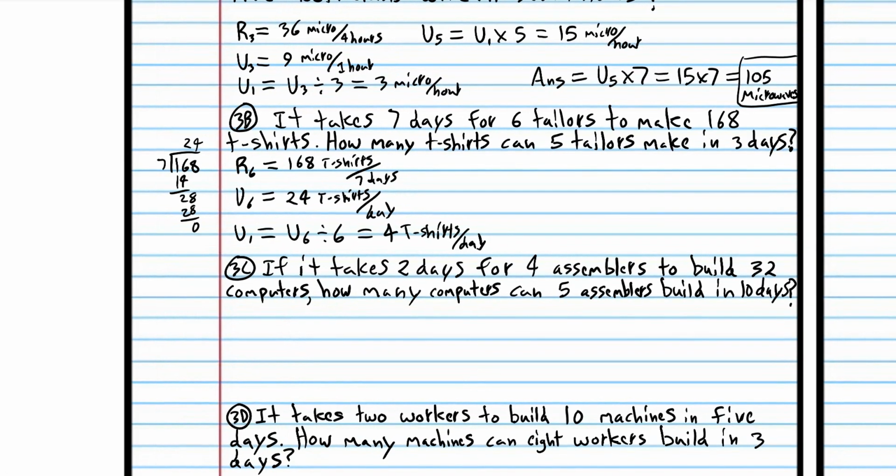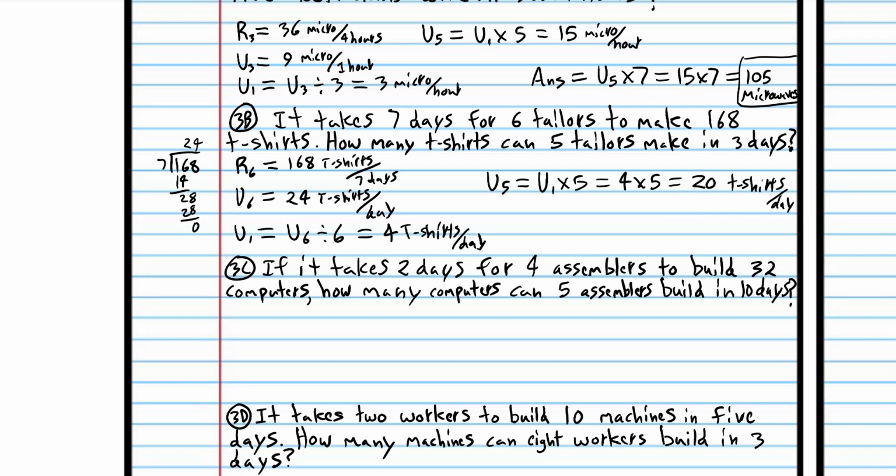How many t-shirts can 5 tailors make? So we have to find the unit rate for 5 tailors. So that would just be the unit rate for 1 tailor multiplied by 5. So we found U1 is 4 multiplied by 5, and we have 20 t-shirts per day. And so that's how many t-shirts that 5 tailors can make per day.